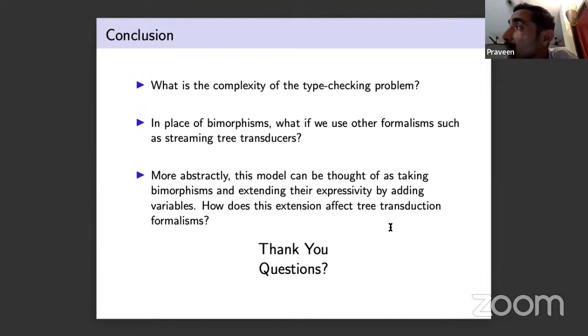In general, it turns out that we are using bimorphisms. As I already mentioned, you can also have non-linear homomorphisms, which can take a tree and produce exponentially sized trees.